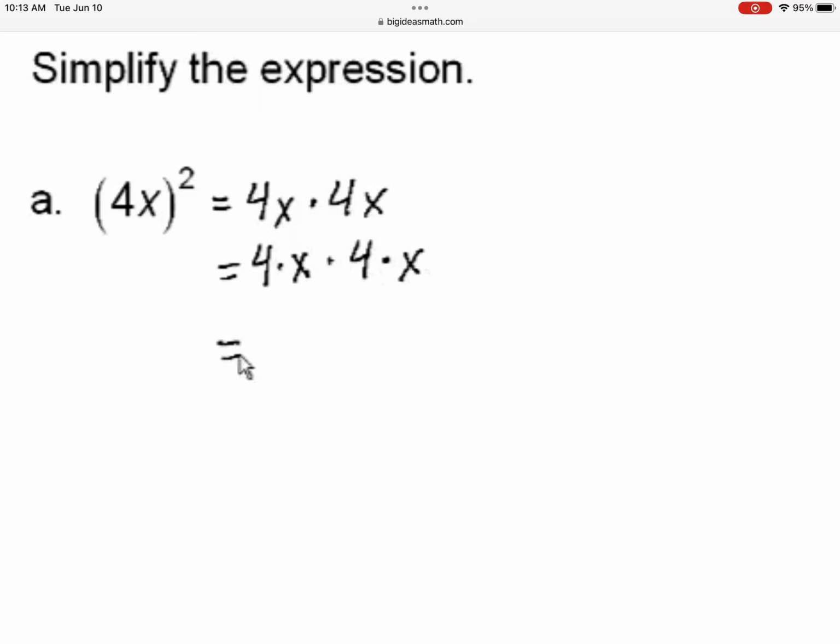Now use the commutative property of multiplication to rearrange the terms, so that we have 4 times 4 times x times x. Then use the associative property of multiplication to group the like terms.